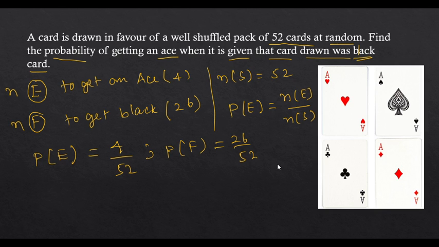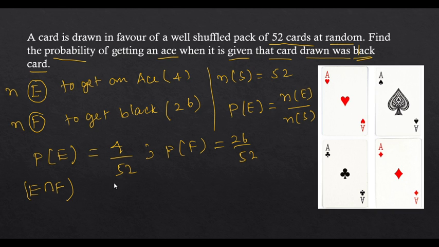Now, what are the favorable outcomes for getting an ace that is also black? In that case we have to take E intersection F. The outcomes for E intersection F should belong to ace and should be black.